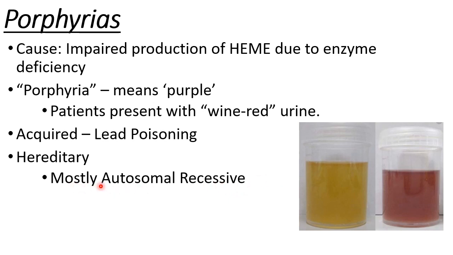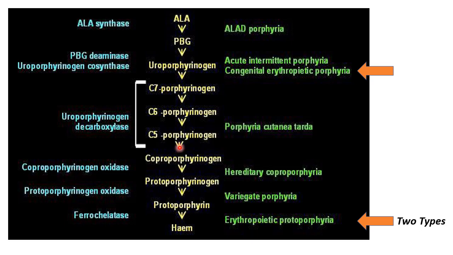So mostly autosomal recessive, but not all porphyrias are autosomal recessive. So titingnan natin yan later on. So balikan natin yung heme synthesis with the corresponding enzymes. Okay? In porphyria, yun nga, if meron tayong deficient or absent enzyme, it can lead to purple colored urine or wine red urine. Okay? Pero not all of the following disorders can cause hematologic defect.